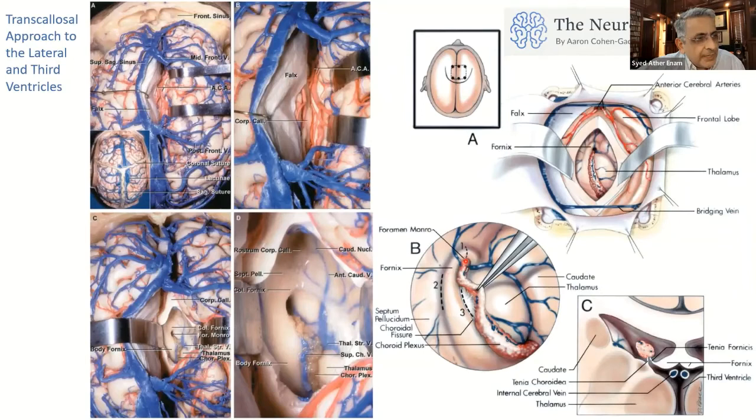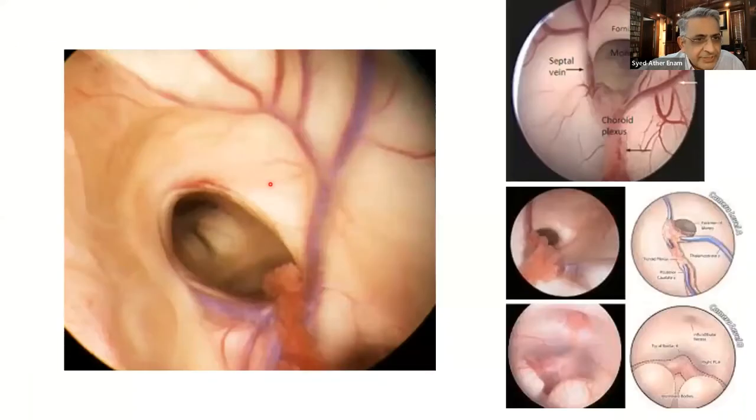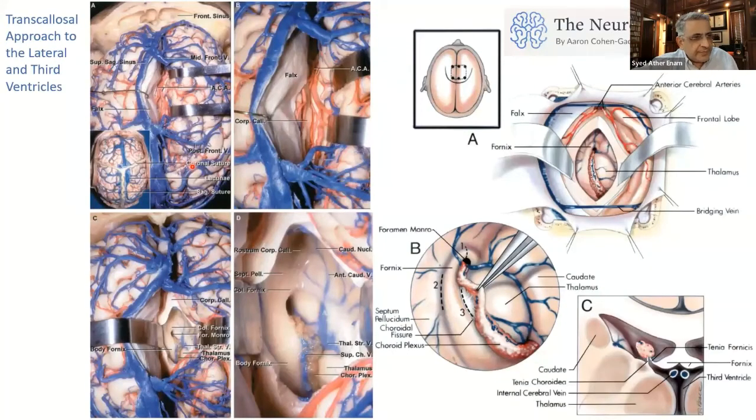And you obviously never see the fornix so nicely, but you have to imagine that this is where the fornix is. So keep that in mind, that right next to it is the fornix.